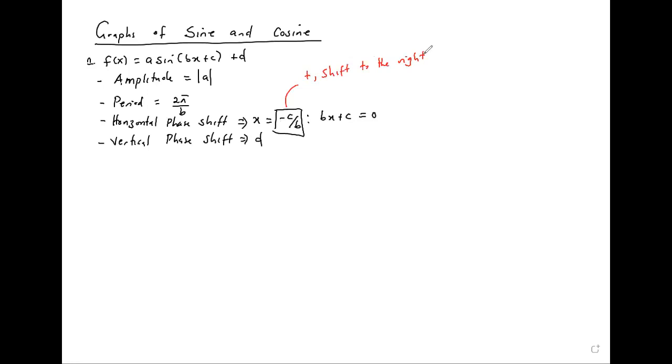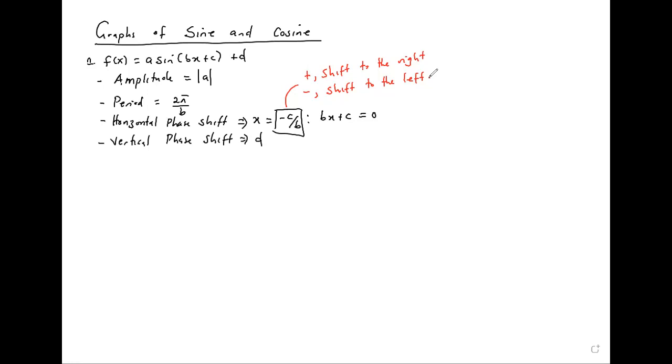If the number you get here is negative, you shift to the left. When you calculate and you get that x is positive, your shift is to the right. If it is negative, your shift is to the left.